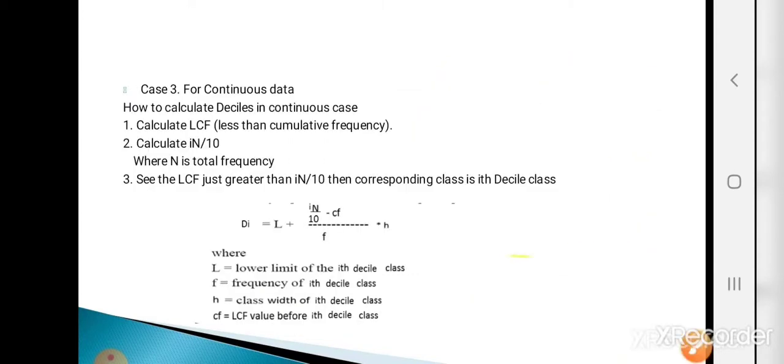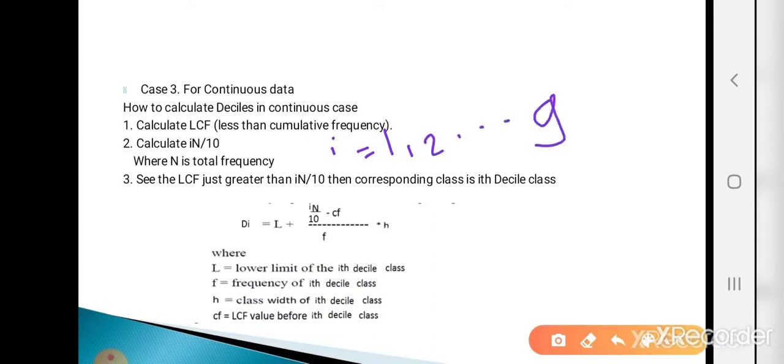Now see the third case, continuous data. So how to calculate the deciles in the continuous case? So the first step is to calculate LCF, that is the less than cumulative frequency. Now the second step is to calculate iN divided by 10, where i values are 1 up to 9 because there are 9 deciles, and capital N is the total frequency. Now the last step is to see the LCF just greater than iN divided by 10, then the corresponding class is the ith decile class.